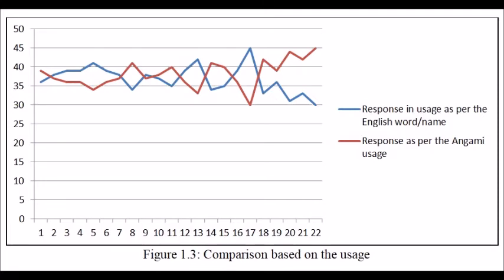Figure 3 demonstrates the extent of assimilated English words used to mean or identify collective things among the Angami Nagas. The high number of responses, both in English dialect as well as in the Angami style, shows the popularity of the said words or names which got entrenched into the Angami conversations.